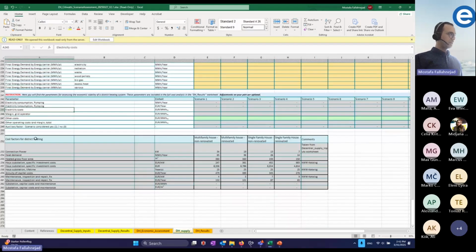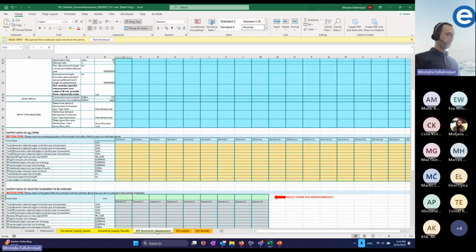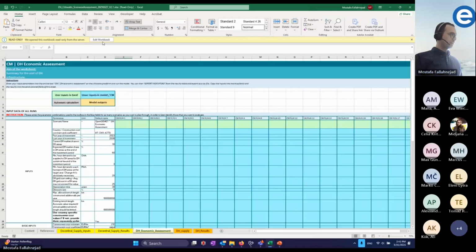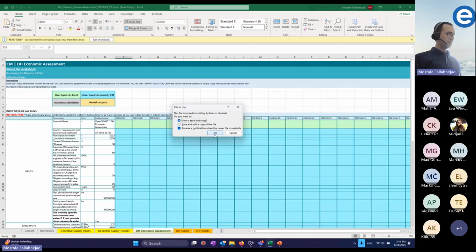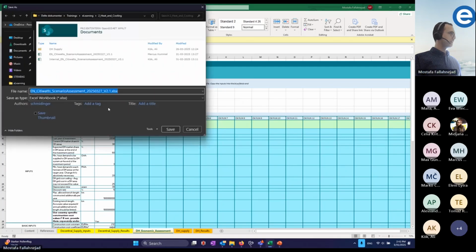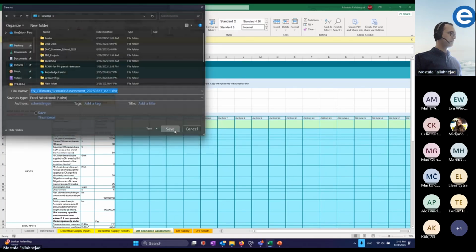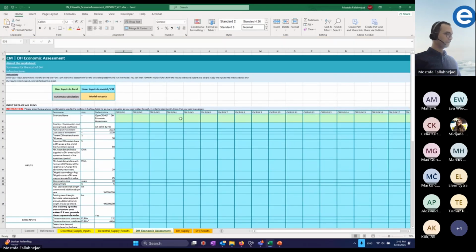So I open the scenario assessment file, and I navigate to the district heating economic assessment. Let's start with editing it. All right.